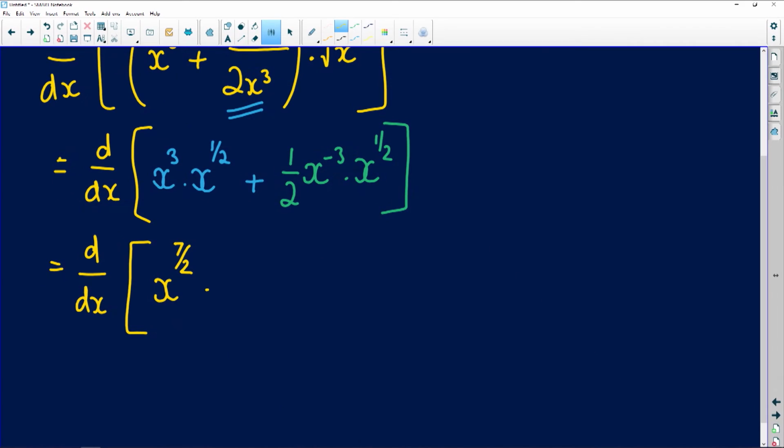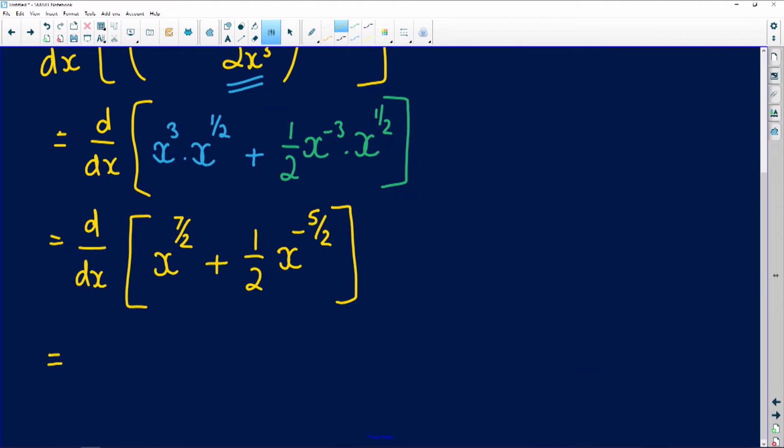This is elementary grade 2 mathematics. Make sure that you know how to add those fractions quickly. You don't want to waste time on your calculator. Plus a half, and then here we have minus 3 plus a half. Leaves me with x to the minus 2.5, which is minus 5 over 2. Now it's the power rule.